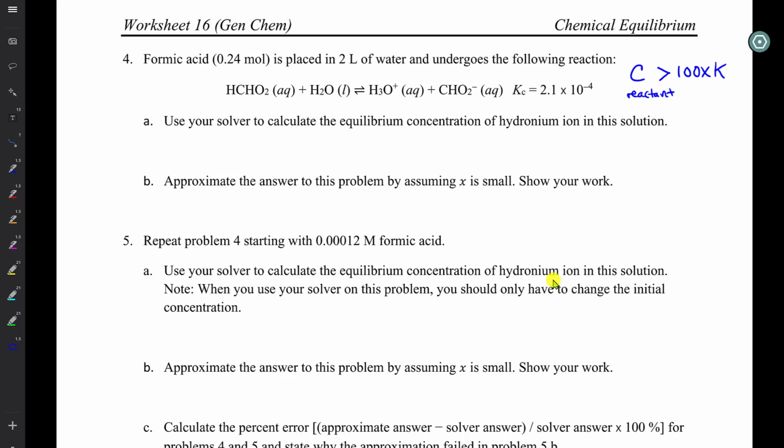When you do that, now take a look at this problem. We're starting off with 0.12 molar. And then these are 0 and 0, and then this is our equilibrium constant. So I'm going to let you set up the ice table for the expression, but your expression will look like this.